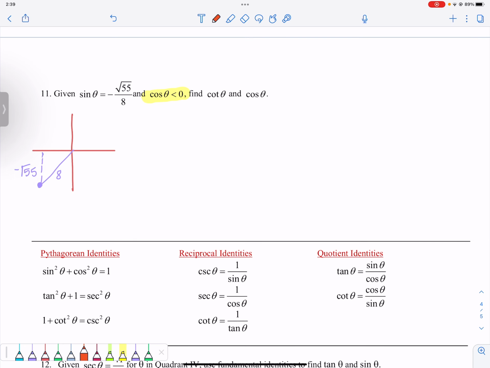The sine is negative, and so that was that negative right here. And the cosine is negative in quadrant 3. So that's why we know we are in quadrant 3.